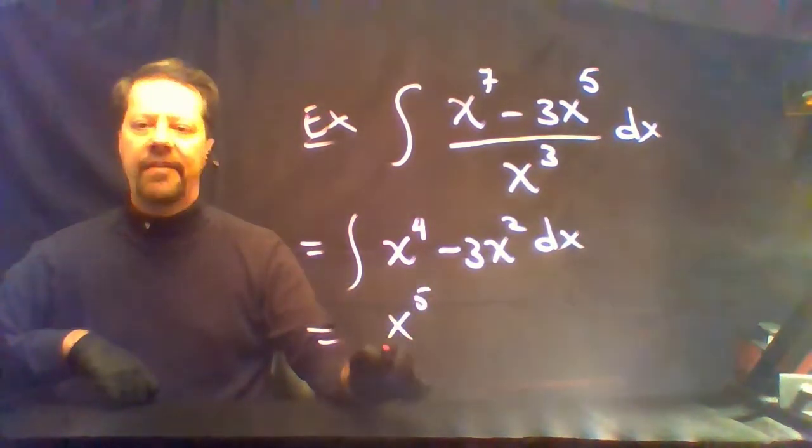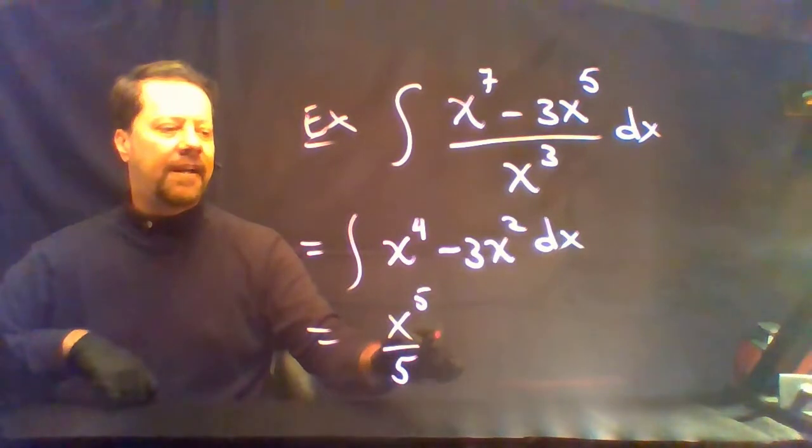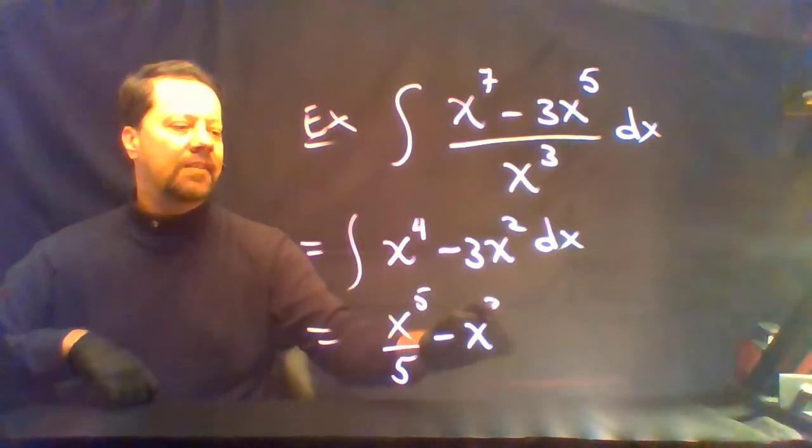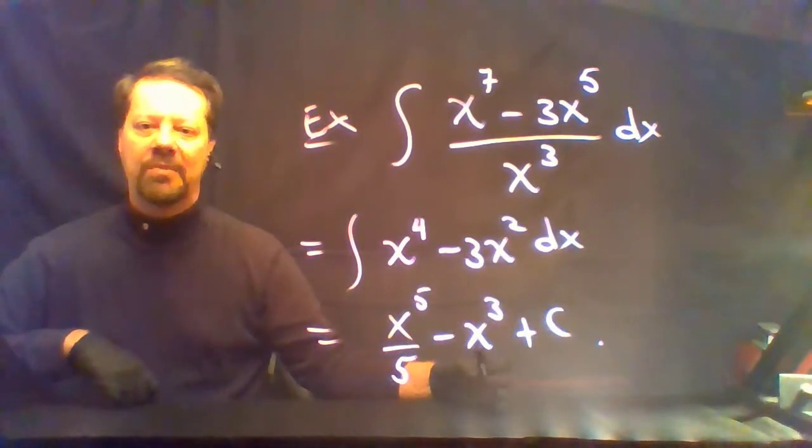The antiderivative then is x to the 5th over 5 minus x cubed, and then plus c. You might be surprised to learn that there is no product rule or quotient rule for antiderivatives or for indefinite integrals. In fact, there's a whole chapter in Calculus 2 devoted just to techniques of finding antiderivatives.